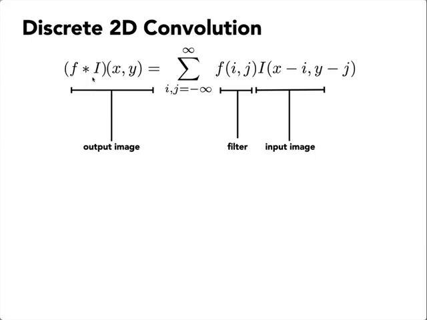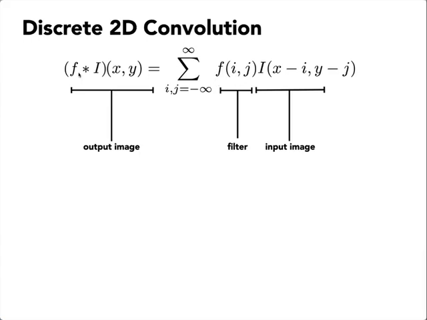So if we have an input signal I, where I of x, y is the input image, and f still being a filter, but in this case, f is a 2D filter, f of x, y, or in discrete form, f of i, j.